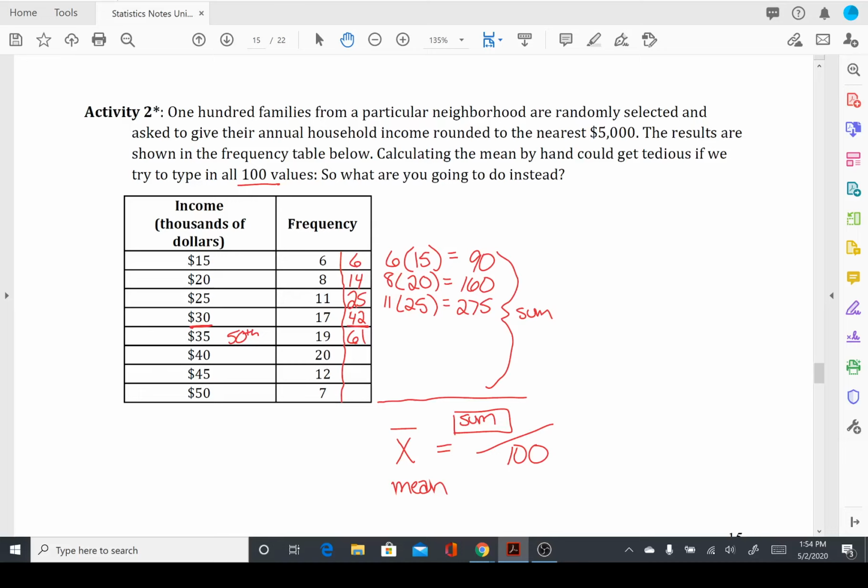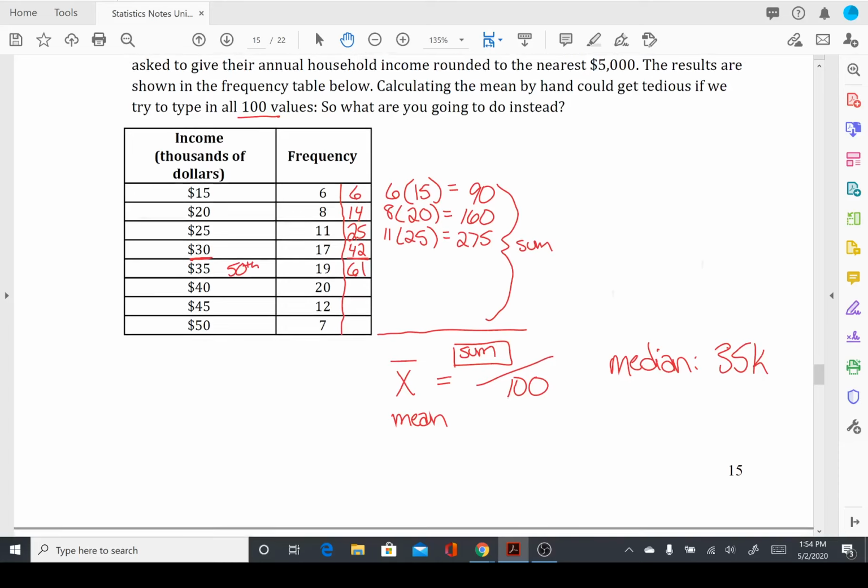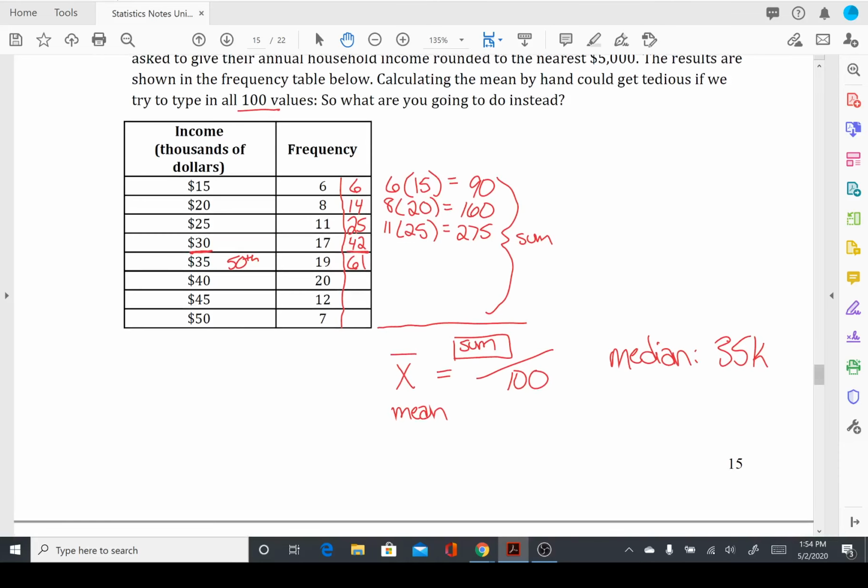So the median of that data was 35,000. Not too bad. What I want to do now is add a histogram to this image so that we can discuss what's going to happen when we add in an outlier.